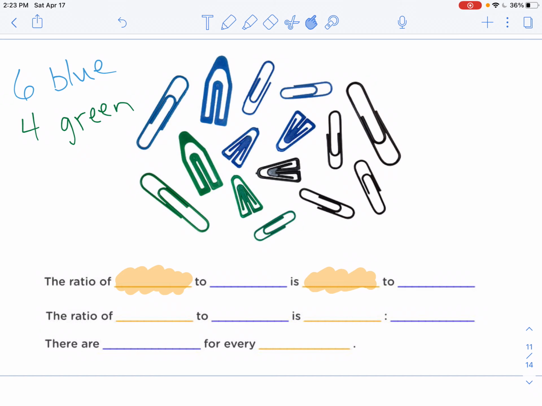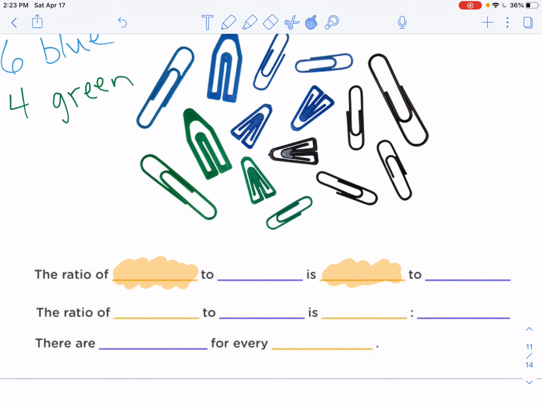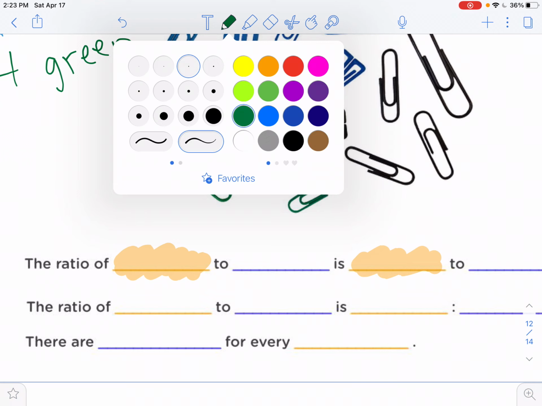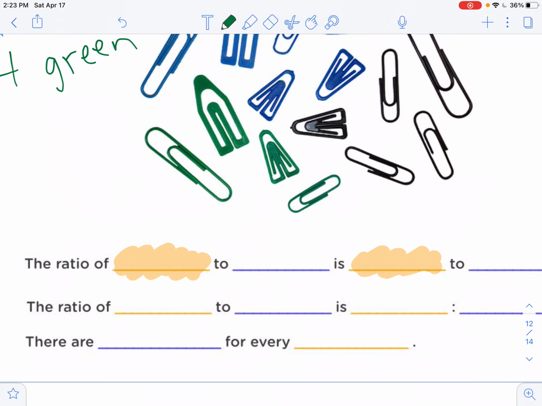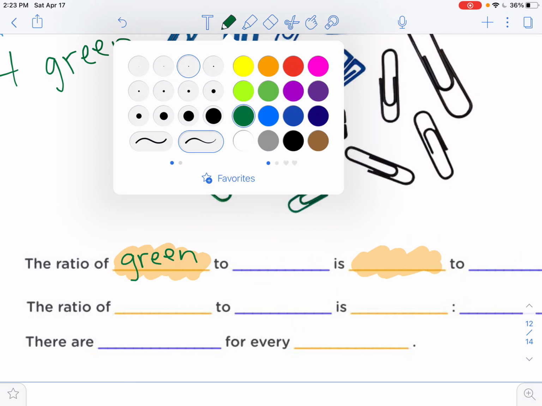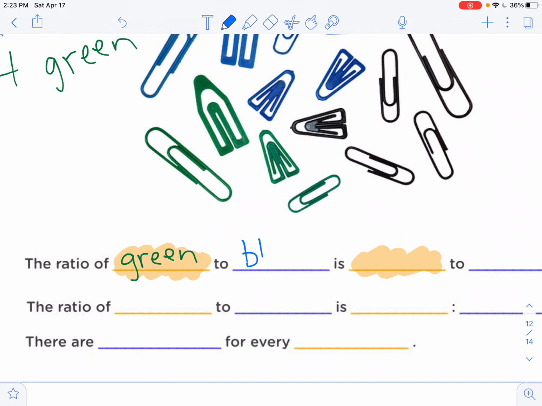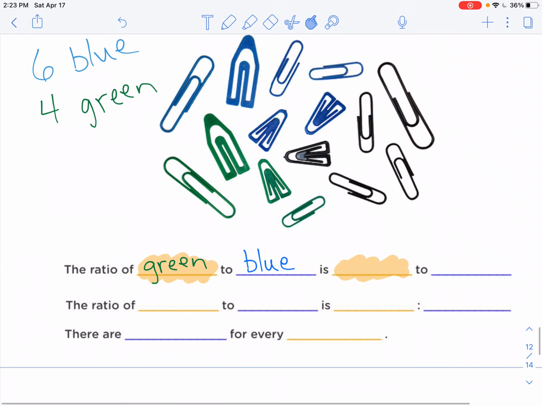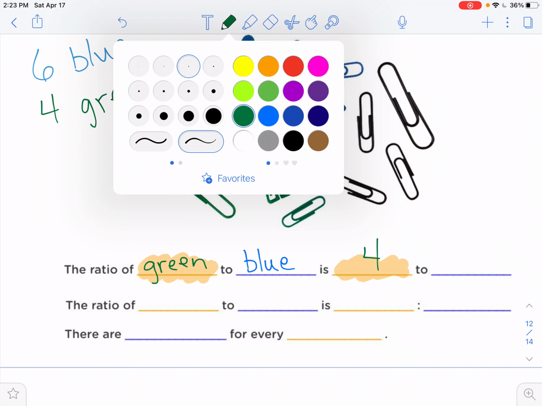So I was thinking it might make sense to put the blue one there. All right, so I'm going to put the ratio of green to, and the other color that we've been talking about is blue, is, all right, so because I wrote green first, I need to have the number of green first, 4, and there were 6 blue.